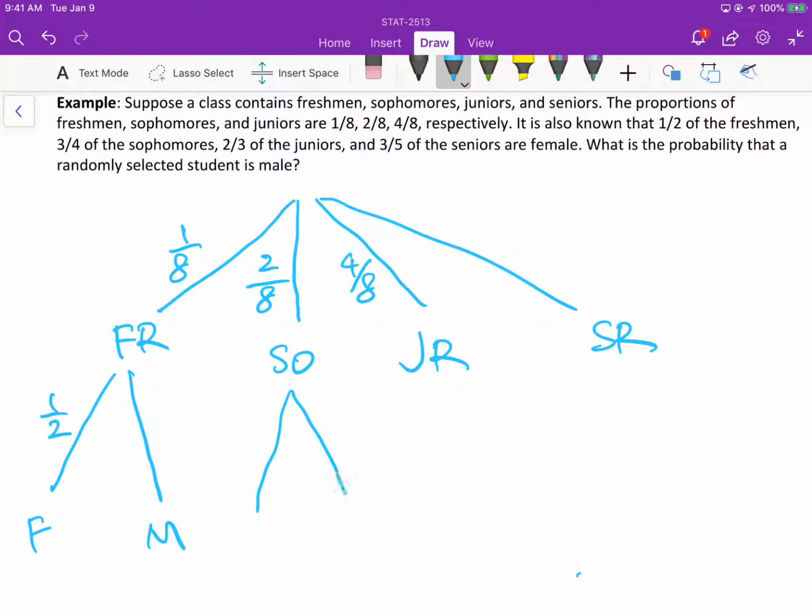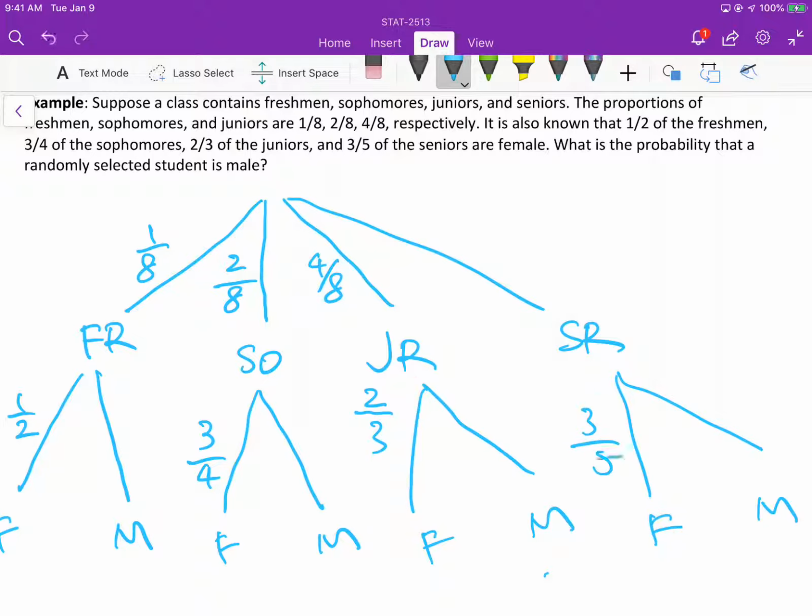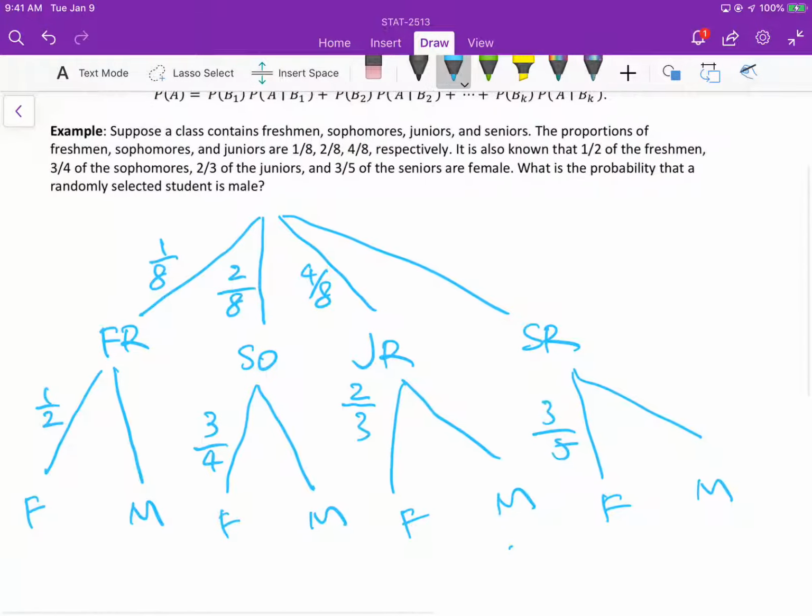Sophomores can be female, can be male; we know 3/4 are female. Juniors can be female, can be male, and 2 over 3 are female. For seniors, can be female, can be male, and 3/5 are female. So it asks for the probability of male.